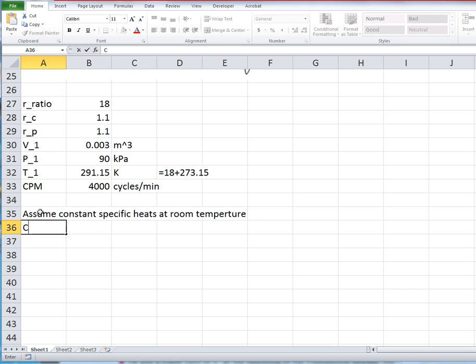That means, for example, cv, the constant volume specific heat, is 0.718, cp, if we need it, 1.005, and the ratio of those two, which comes up in this analysis, we could calculate it, but it better be around 1.4.